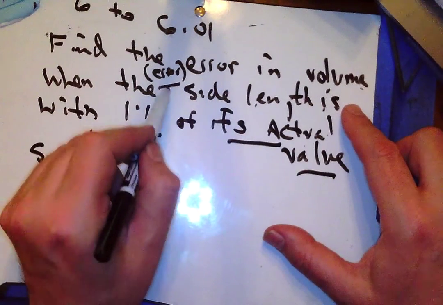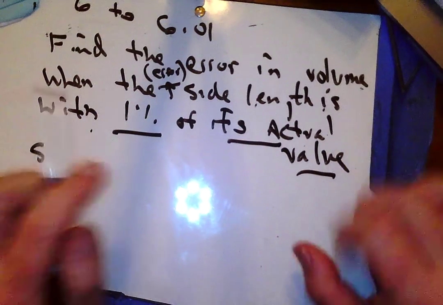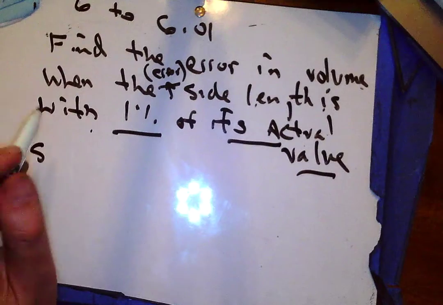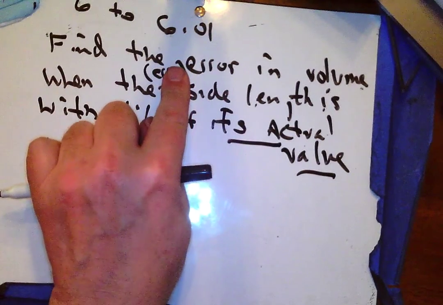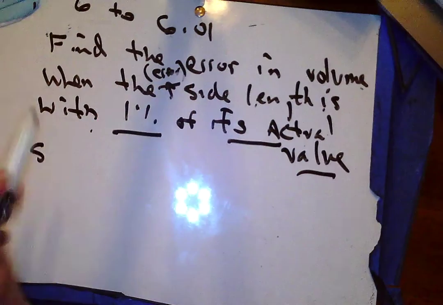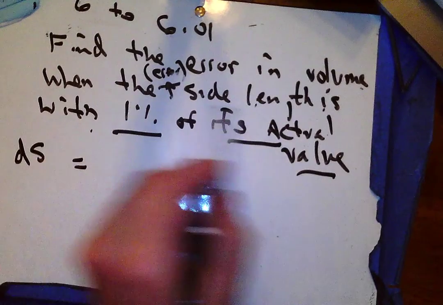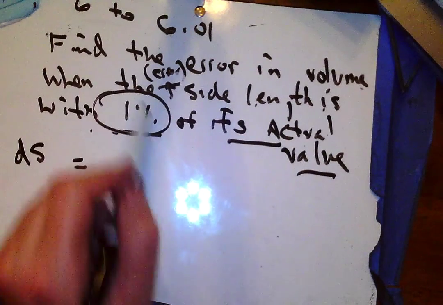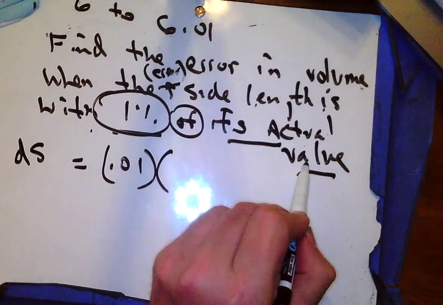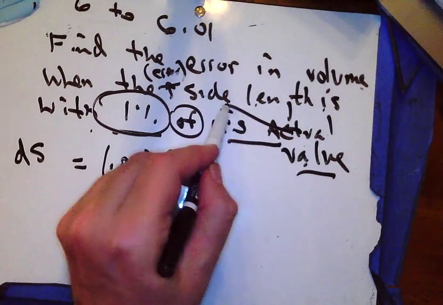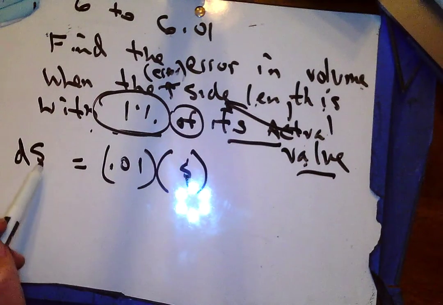I'd love it if that textbook, when it came out in its new edition, put a clarification there, because right now, how am I supposed to know that? So, the error in side length, ds, is within 1% times the actual value. The actual value of what? The actual value of the side length. So this is my helping equation.